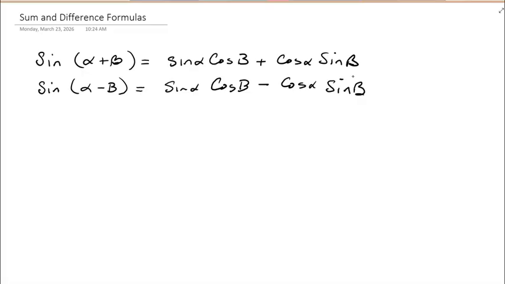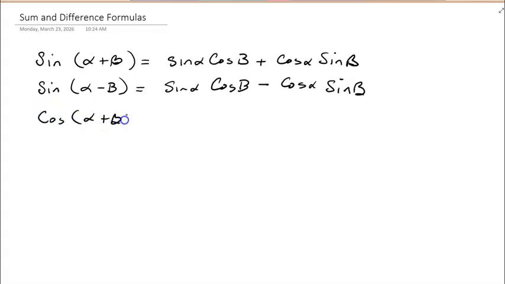So you can see that for the sum and difference of angles, when you take the sine of them, you are simply adding, and then in the difference you're subtracting. So there's really not a lot of difference between those two formulas. It makes sense.